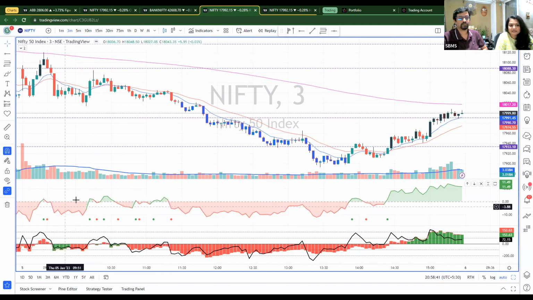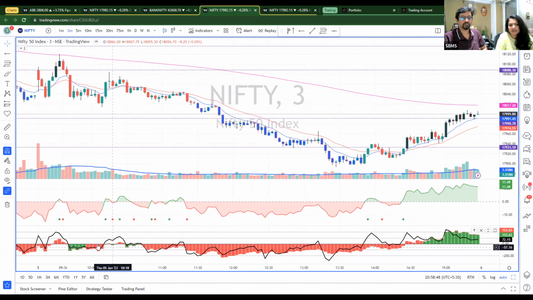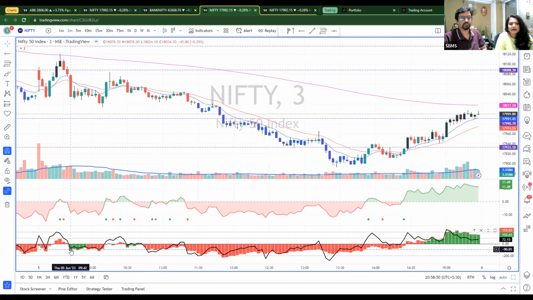Clear, everyone? And then this was the candle where all the parameters were meeting for a sell trade. This was in red zone. This black line also came below the zero line, and this is also below the zero line. So it will be a complete, clear-cut signal for a sell. As the price started to move below this candle, we will definitely initiate a sell trade.